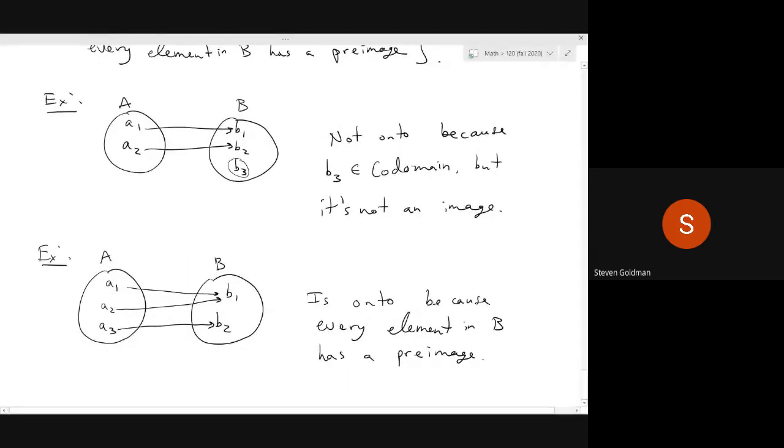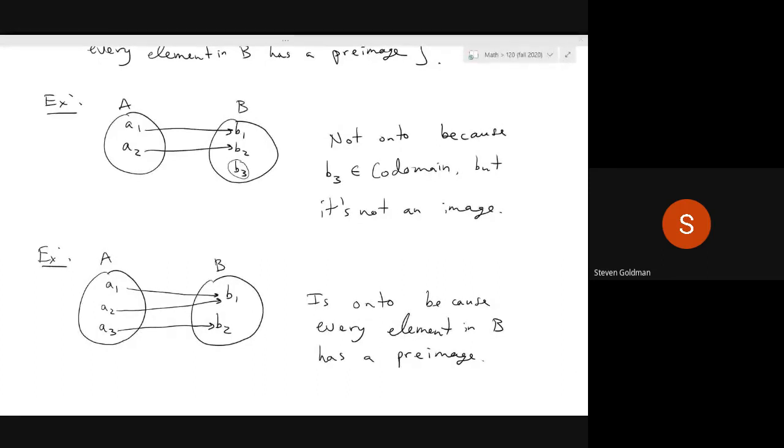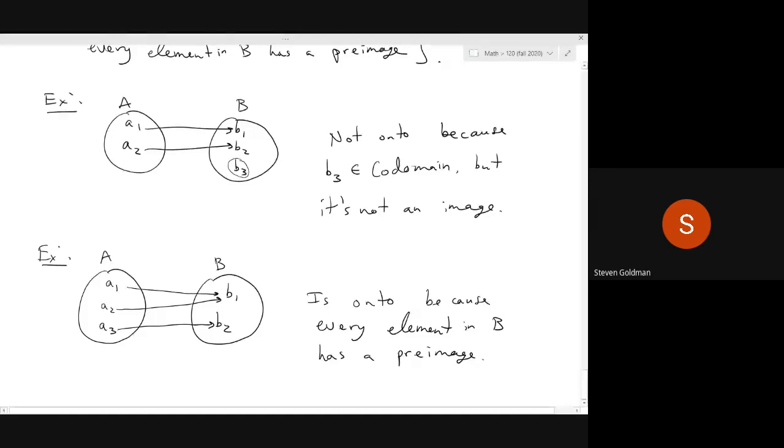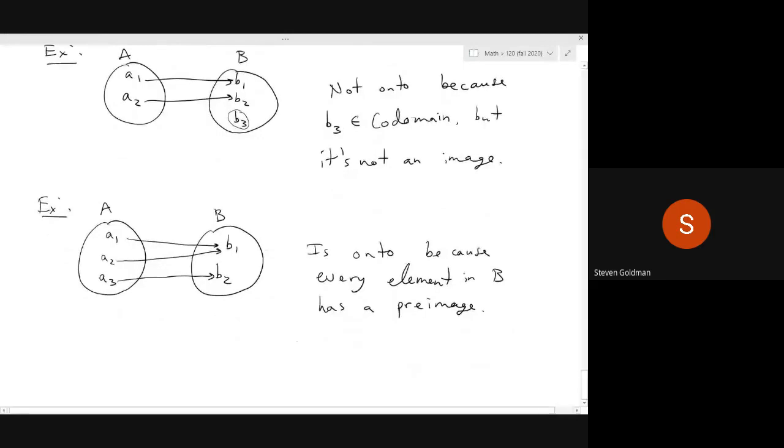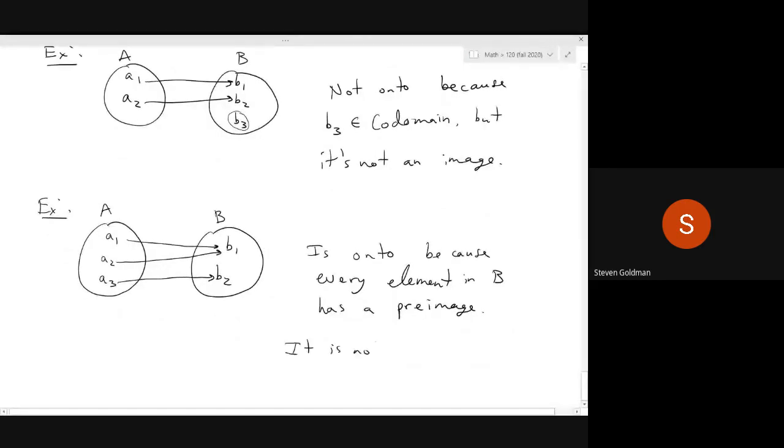Okay? It is not, however, one-to-one. This is a function. It's not a one-to-one function. So this is a function. It's onto, but it's not one-to-one. Right, exactly, because two inputs give the same output.